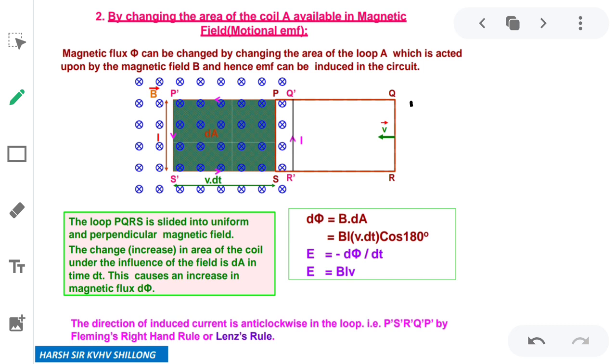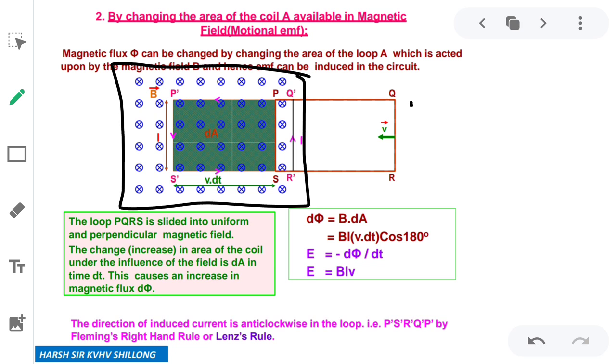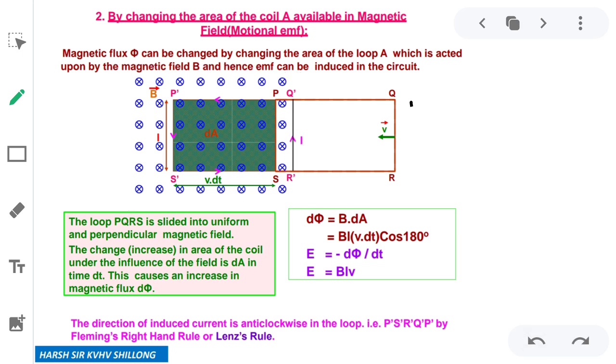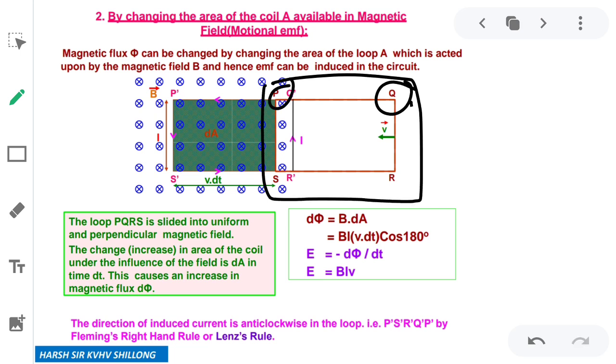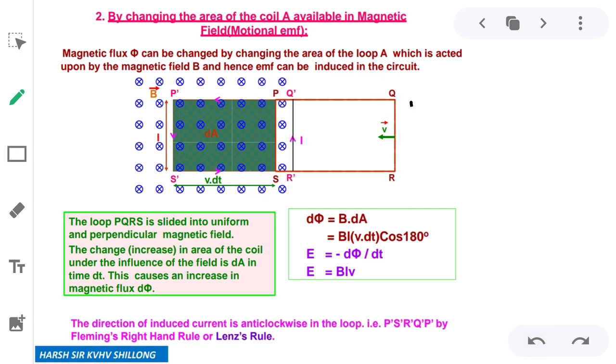Now, we have taken a magnetic field which is normally inward to the plane, to the board. One rectangular loop, that is PQRS. This loop is moved by v velocity inward to the field.